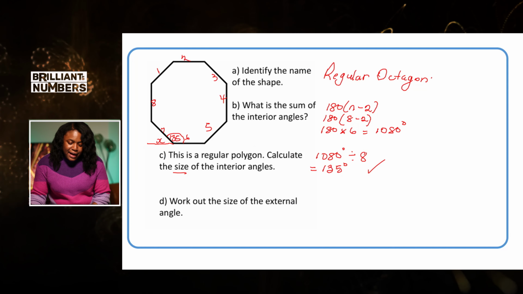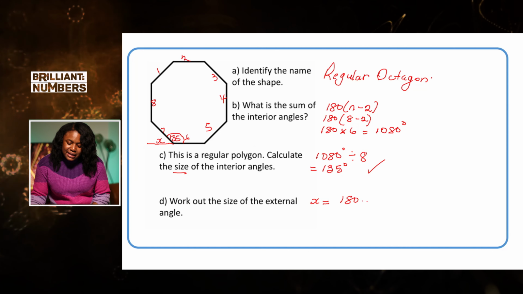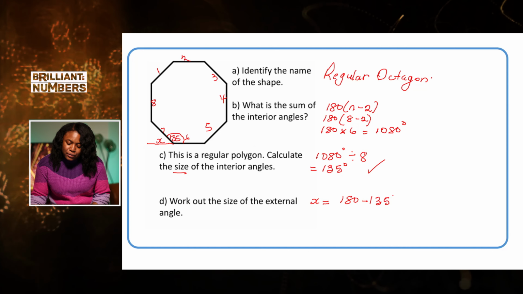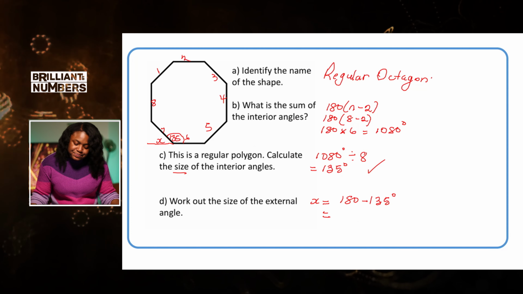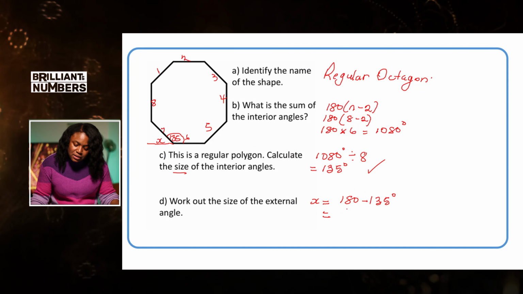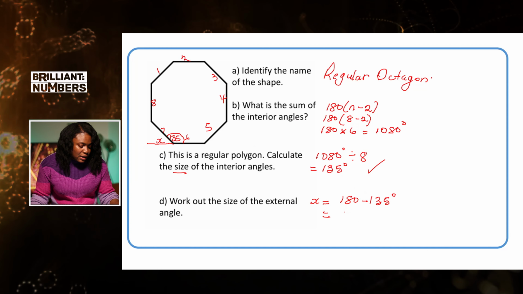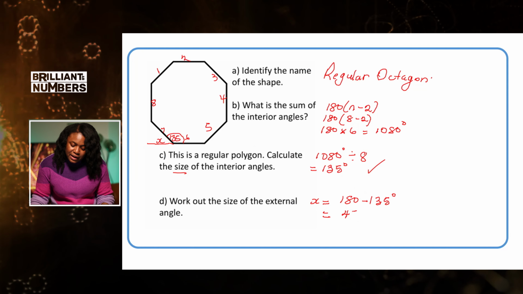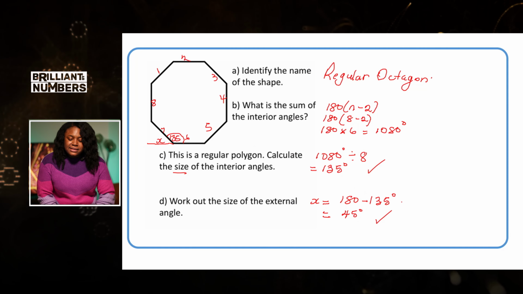Therefore, the exterior angle would be equal to 180 take away the interior angle. So 180 take away 135. We put that in our calculator or use column method. 180 take away 135 gets us to 45 degrees. So that would be the size of one exterior angle.